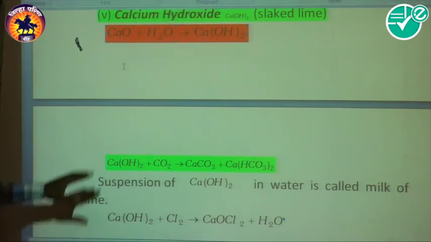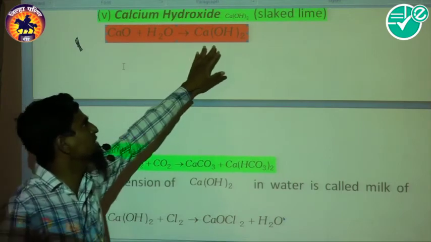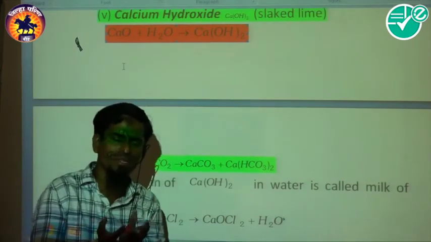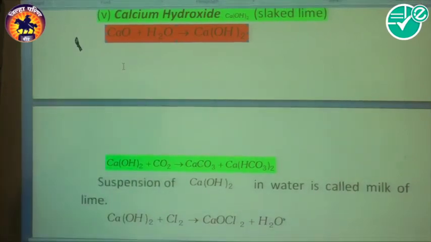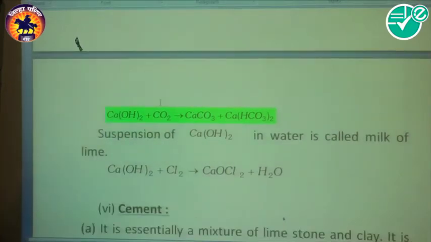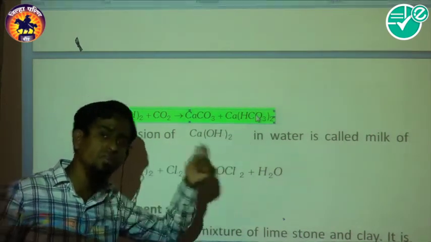Calcium oxide, when added to water, will form calcium hydroxide, that is like lime. It is totally a suspension. But if you provide more and more carbon dioxide, what happens? It will form calcium bicarbonate if you add excess CO2.